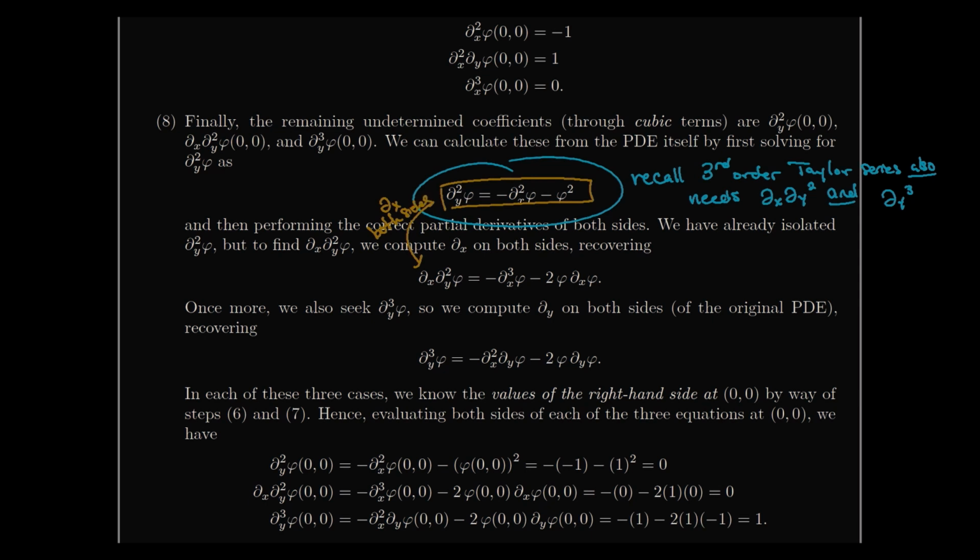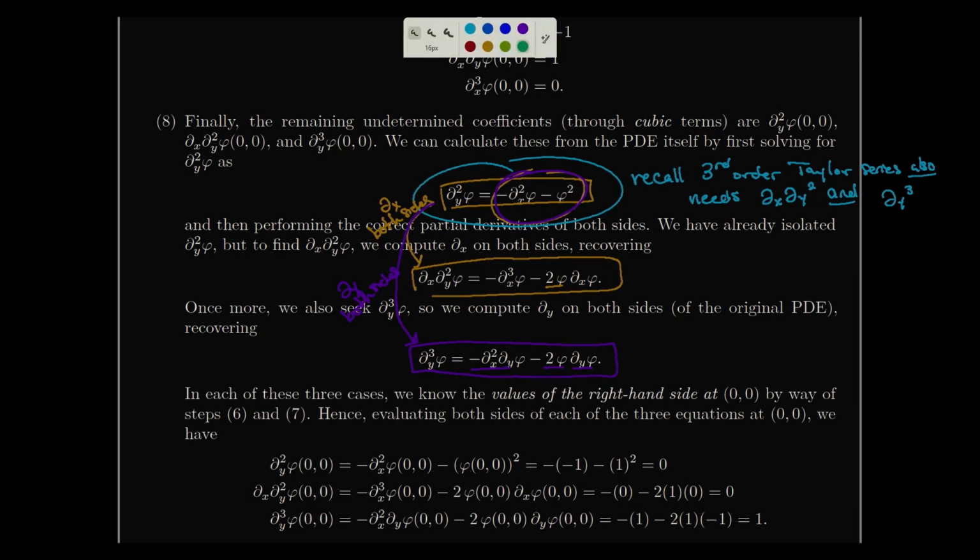So I'm going to take a derivative in x of both sides, give me partial x partial y squared, and I just have to act that on those two terms. There's my little chain rule showing up. And I can also take a derivative in y of both sides. If I take a derivative in y of both sides, I get partial y cubed, and then I just go ahead and take a derivative in y of both sides on the right, negative partial x squared partial y, 2 phi partial y phi.